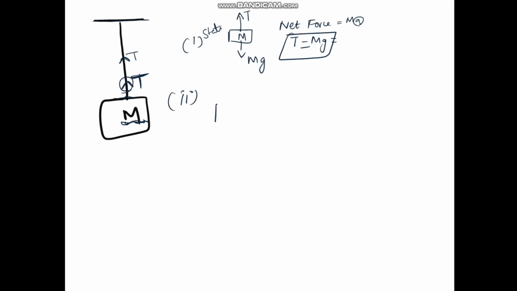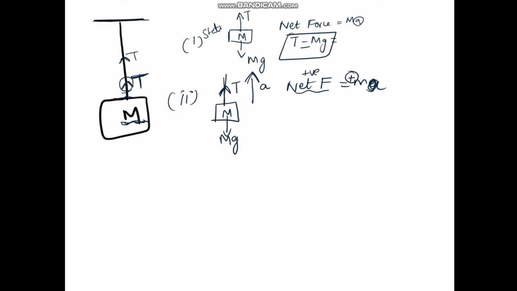Now let us assume the second case. The system is moving upwards. The same mass m, with a string connected, so the upward force acting is tension and the downward force is gravitational force, that is mg. Let us assume the system is moving upwards with acceleration a. Then net force is equal to ma. Net force must be positive.